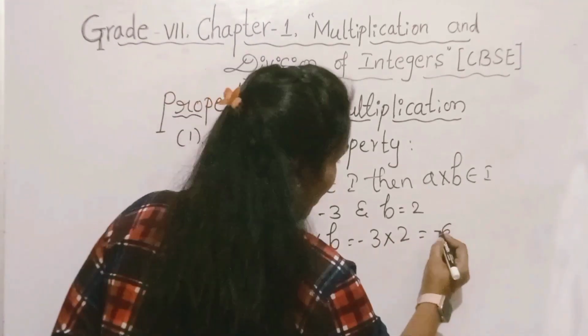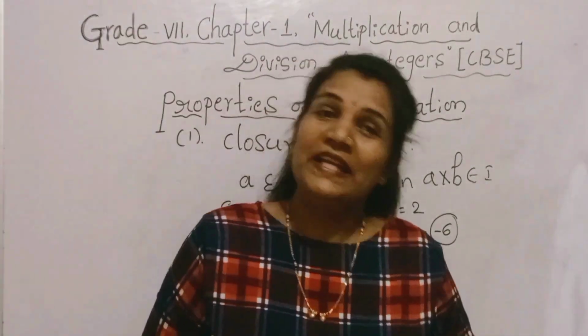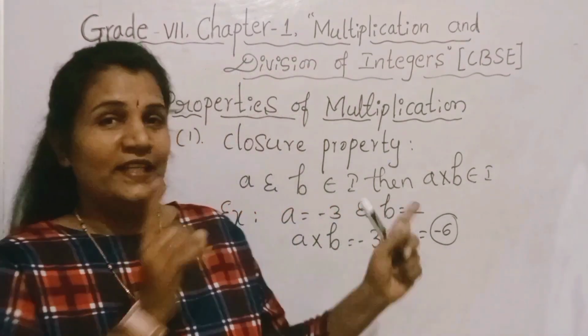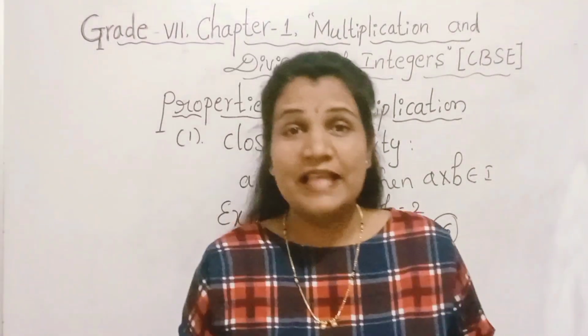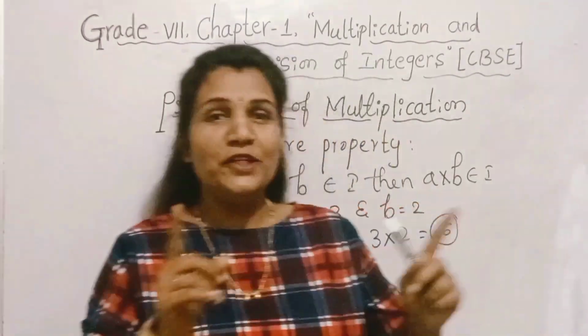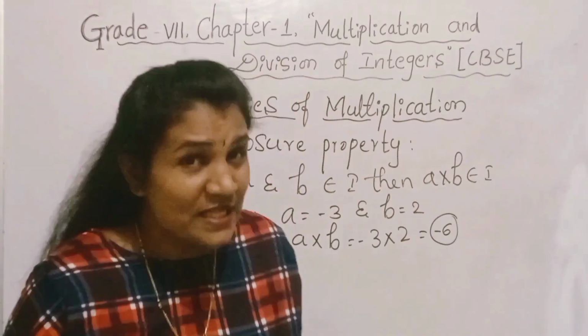Minus into plus is minus. It means -6 is an integer, a negative integer. It shows that the closure property says that if a and b are any two integers, then a into b is also an integer.